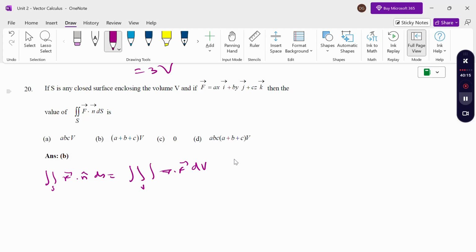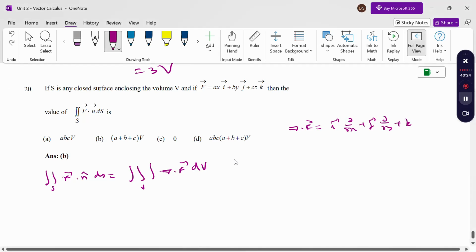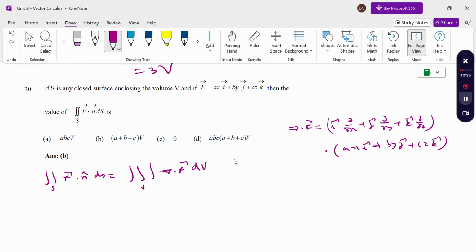Therefore, to find del dot F vector, so del dot F vector is nothing but i into dou by dou x plus j into dou by dou y plus k into dou by dou z, dot a x i vector plus b y j vector plus c z k vector.